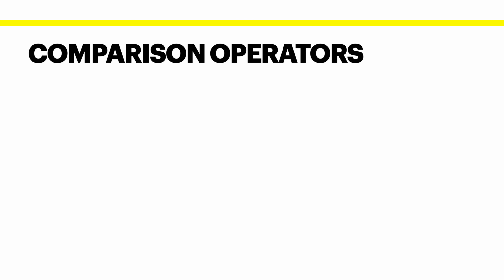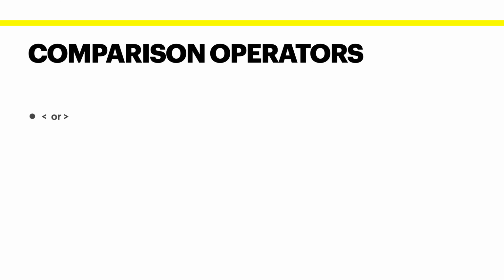Before you learn about conditional statements, you need to be familiar with the comparison operators that Python provides. These operators are used to compare two numbers. Sometimes we can also compare strings using these operators.